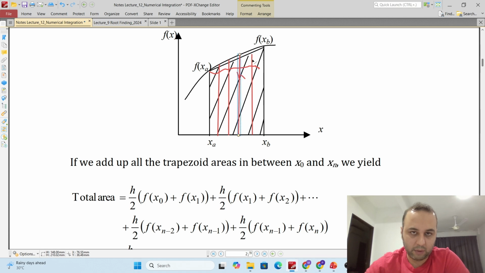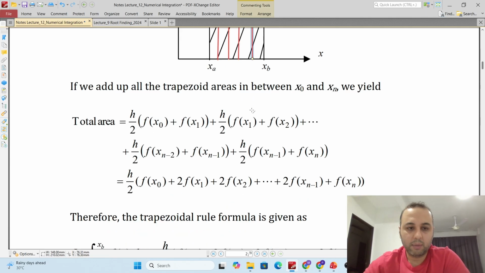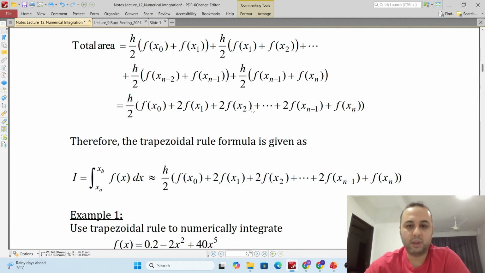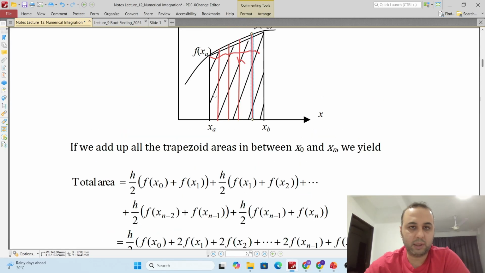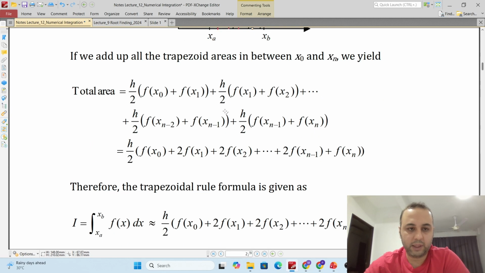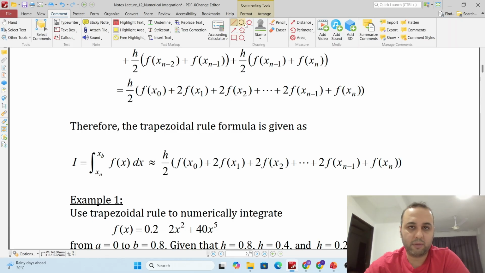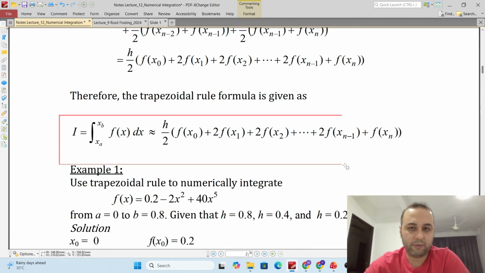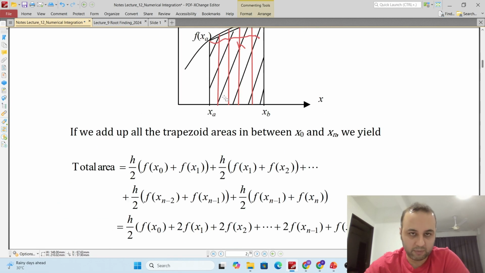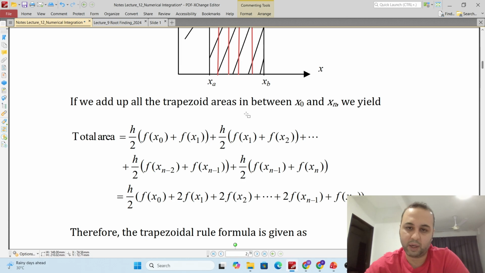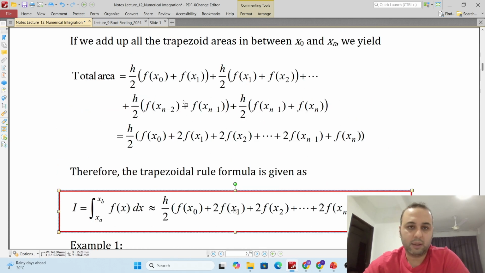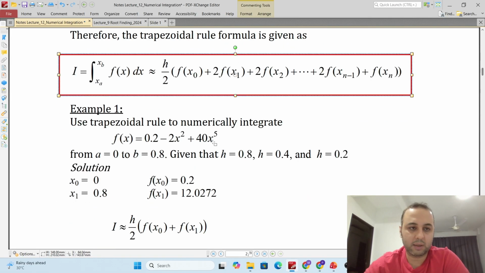We measure the area of each segment: segment 1, segment 2, segment 3, segment 4, segment 5, for example. We will have more accuracy. After summation of the areas of each section, from segment 1 up to segment n, if we apply the summation, we'll have the formula like this.